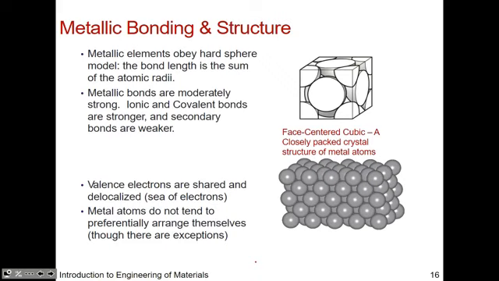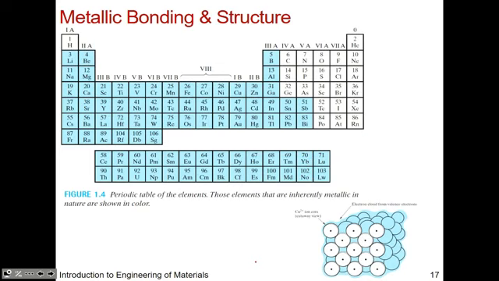Of course, atoms can pack in a certain way, and we'll talk about that in chapter 3, but they don't really have a preferred orientation, and they can actually move and slip and slide and contain defects quite a bit, and we'll talk about that in defects and mechanical properties.